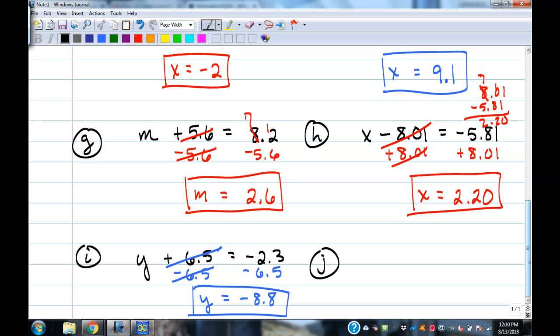All right. Let's do one on our own real quick. x plus 3.4 equals negative 2.7. You can do this one on your own.